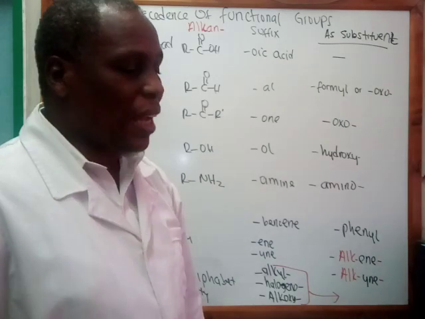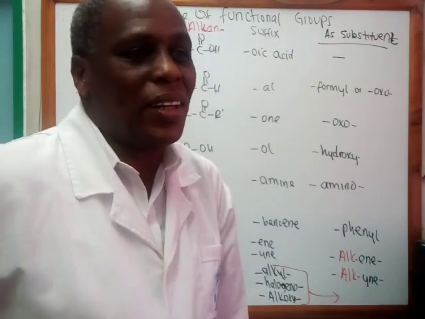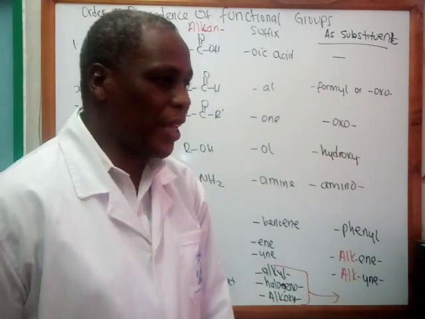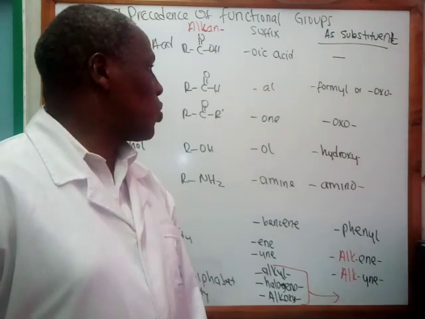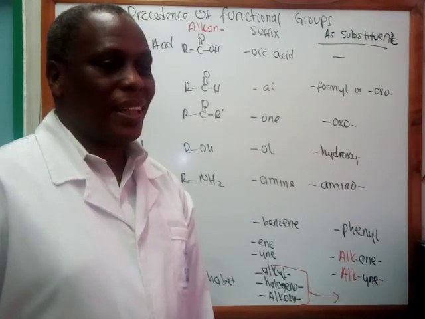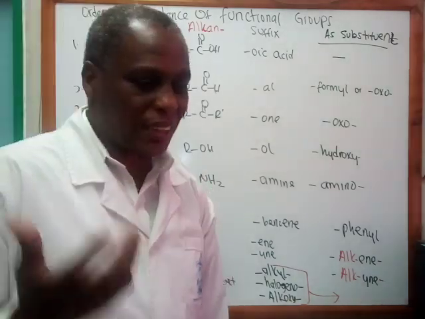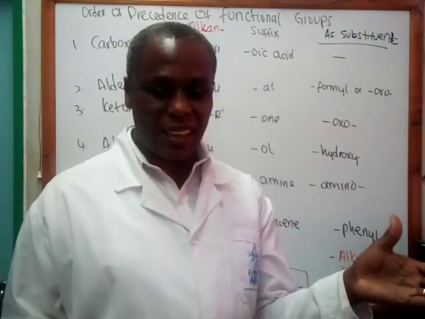Now, as a substituent, there are two ways of naming. There is the former way, which is still available in some of the textbooks. You're going to see the aldehyde group if it is a substituent. By talking about a substituent, you're talking about an organic structure.